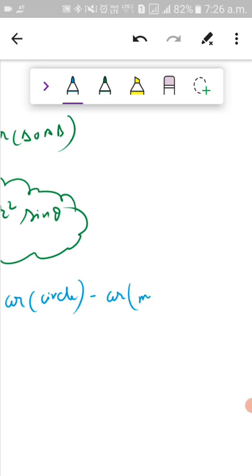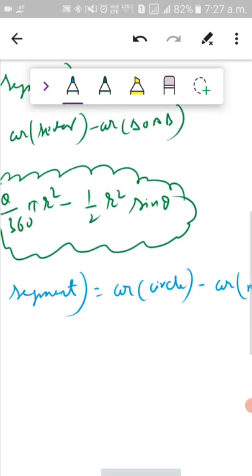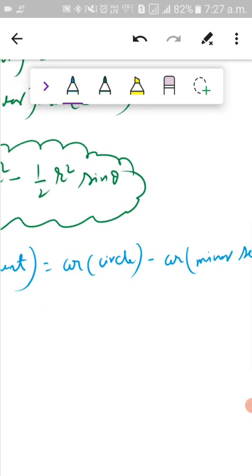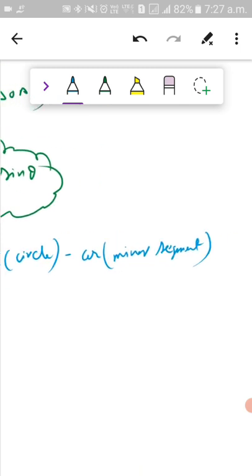That means to find the major segment we need to find the area of the circle and then subtract the area of the minor segment from it.